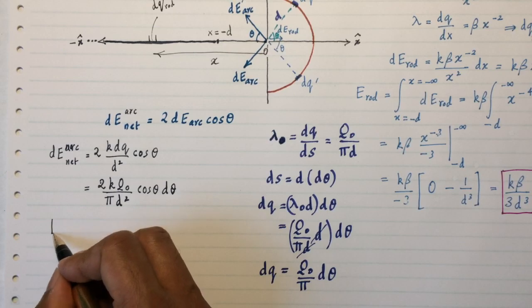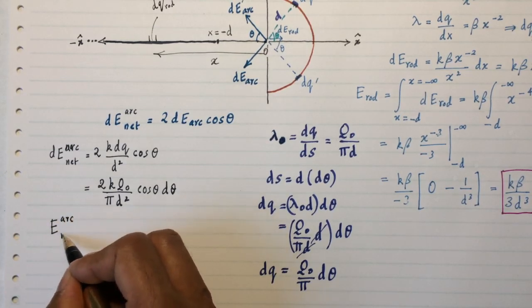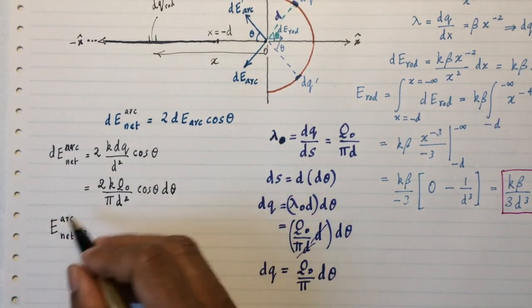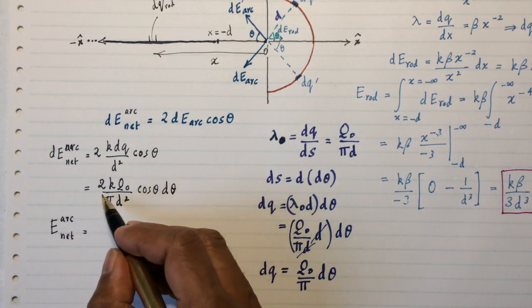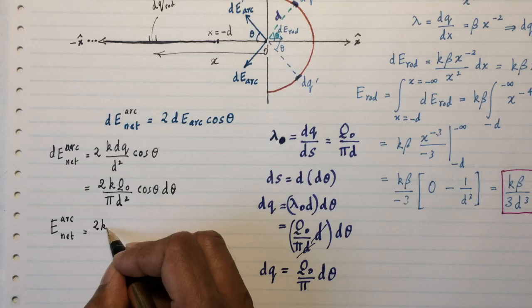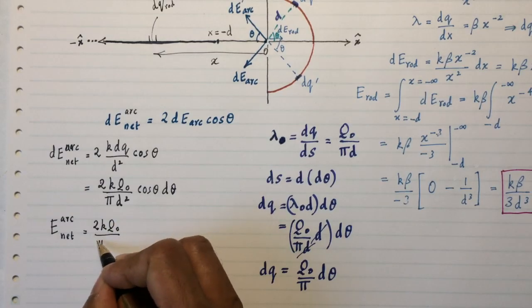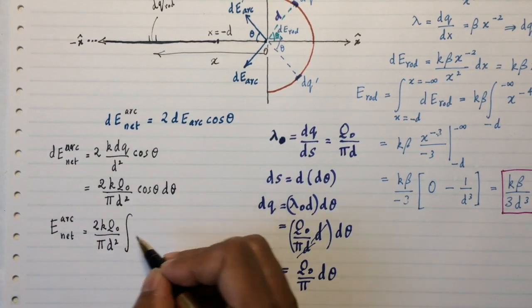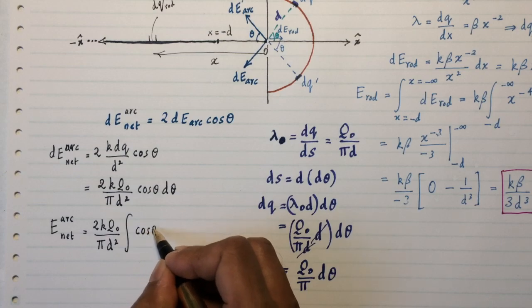And now we integrate to find the electric field on the arc. 2k q naught over pi d squared are all constants, so I can just pull them out of the integral sign. And I just have the integral of cosine theta d theta.